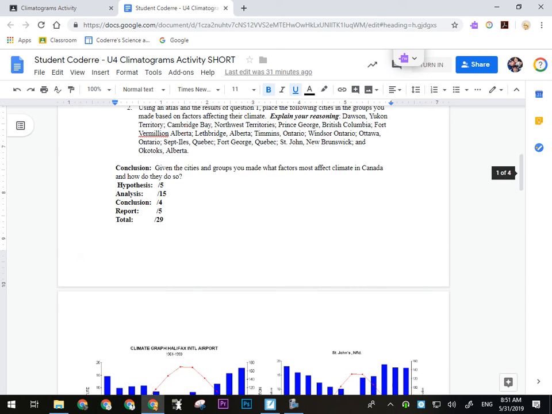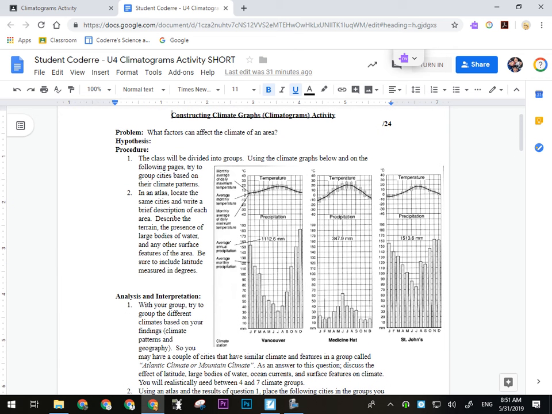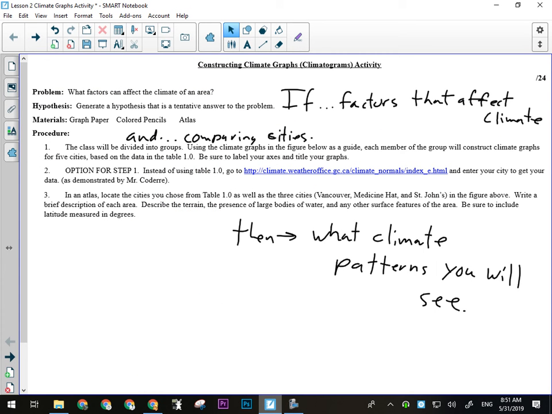Right. Part 2, okay, is that you're not going to use an atlas. Obviously, you have the Chromebooks in front of you. You can just use Google Earth, okay, something like that, and locate these cities. Okay, what you want to do is write a brief description of the area each city is in. Here's some things that you need to include in that brief description.